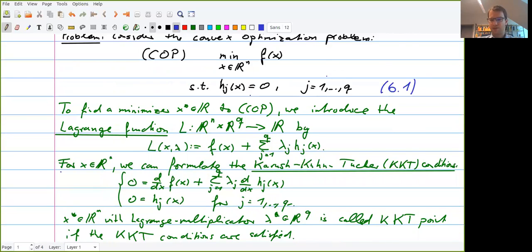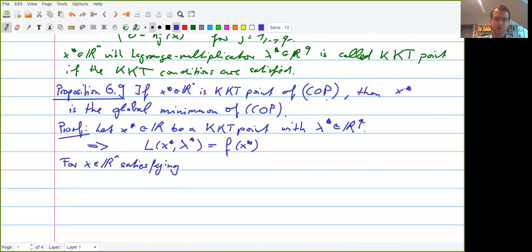This is just the linear constraint of our optimization problem.